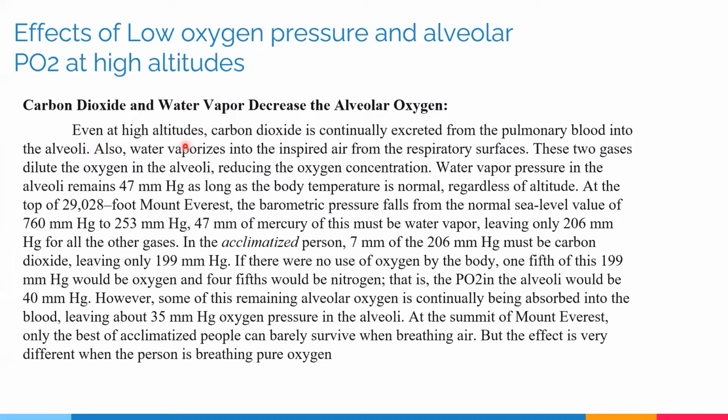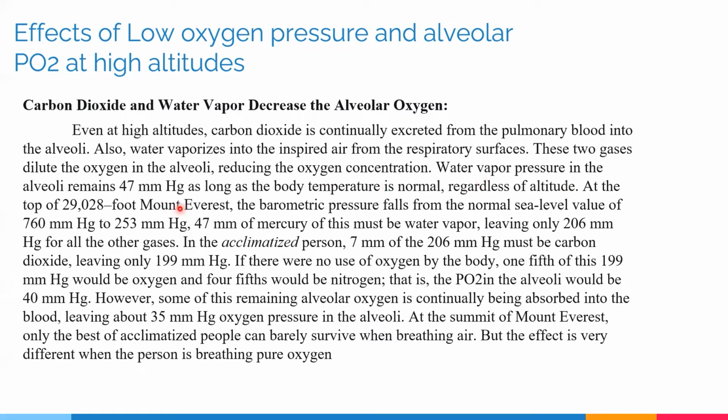Even at high altitudes, carbon dioxide is continually excreted from the pulmonary blood into the alveoli. Also, water vaporizes into the inspired air from respiratory surfaces. These two gases dilute oxygen in the alveoli, thus reducing the oxygen concentration.